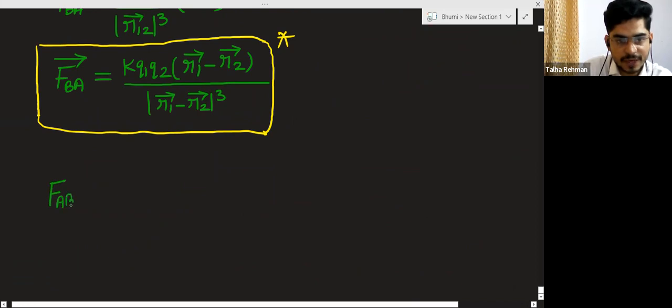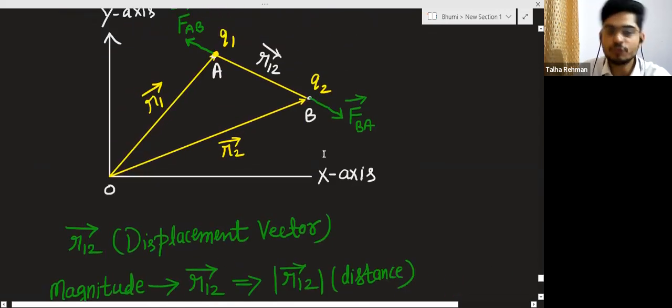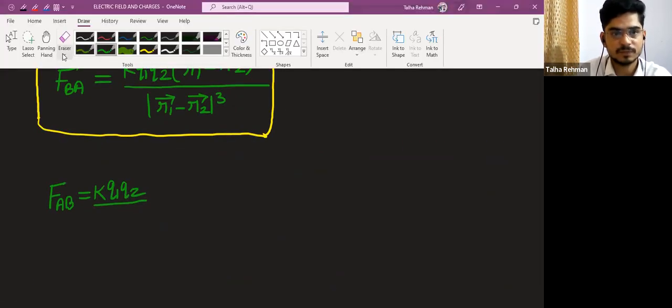If I want to calculate the F_AB vector, F_AB is equal to again K Q1 Q2 divided by, but this time you have to take R21. Why R21? Because we have to take the vector in this direction.